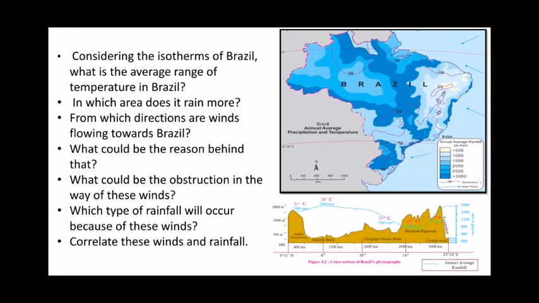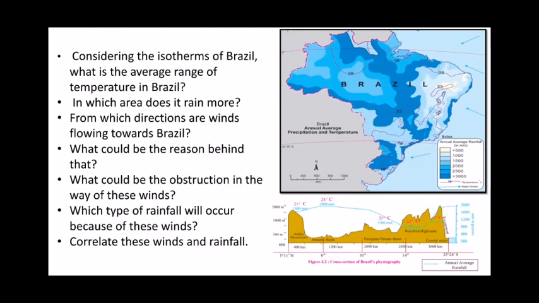What could be the obstruction in the way of these winds? The escarpment acts as the obstruction in the way of the southeast trade winds coming from the sea. Which type of rainfall will occur because of these winds? So children, do you know which type of rainfall will occur?